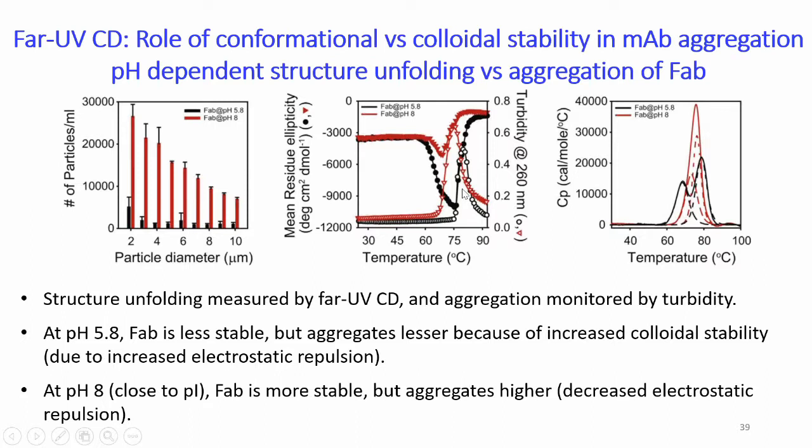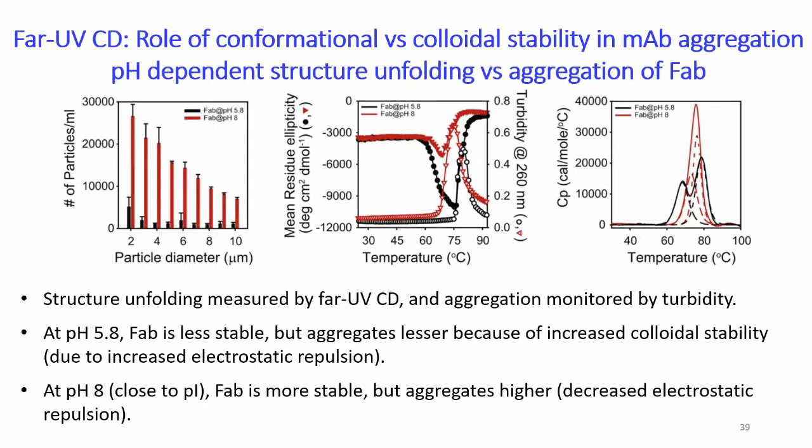But if you monitor the turbidity, which shows the aggregation pattern, that means the Fab, which is less stable at pH 5.8, is aggregating at higher temperatures. And pH 8, which is more stable, is aggregating faster. The main change in pH is that we are changing the electrostatic interactions between neighboring Fab molecules.